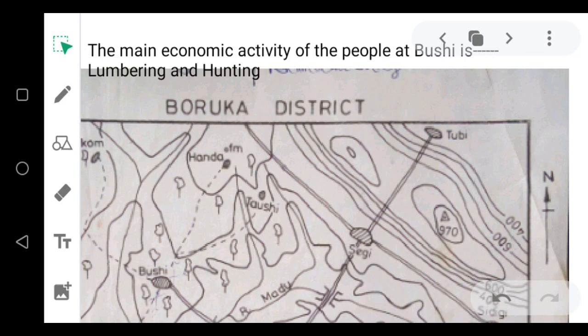Lumbering is the felling of trees for economic purposes. The trees are there. And where we have forests, we have animals, birds. So hunters too will have something to do. So the main economic activity of the people at Bushi is lumbering and hunting.